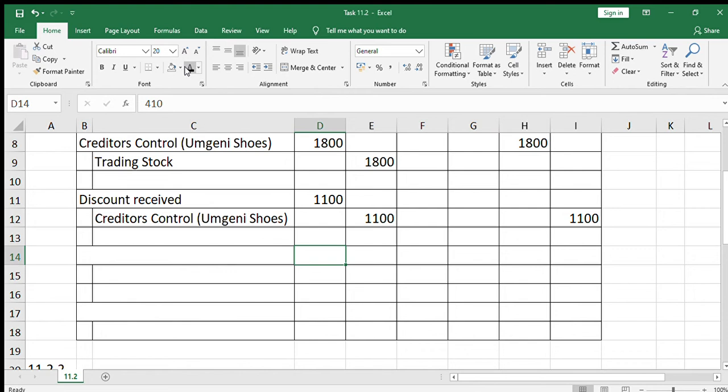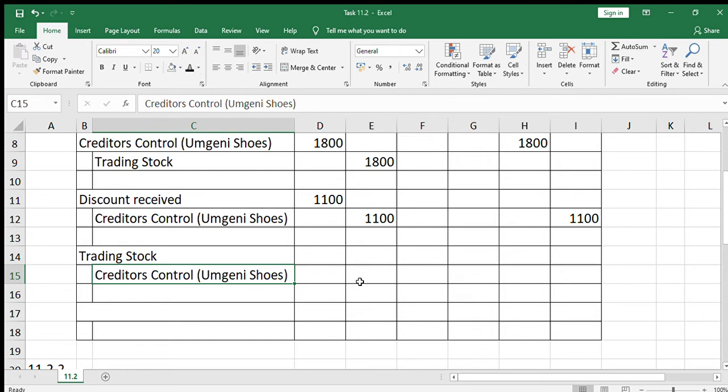So go to the general journal. We're going to debit trading stock because delivery charges under the perpetual inventory system always just come to trading stock. It does not go to carriage on purchases. We're going to credit creditors control of Umgeni Shoes with the 410. The reason you credit the account is because we're owing them more money now for the delivery charges.